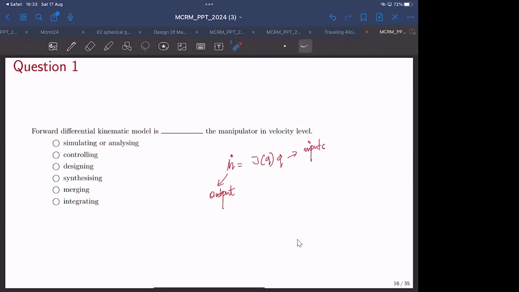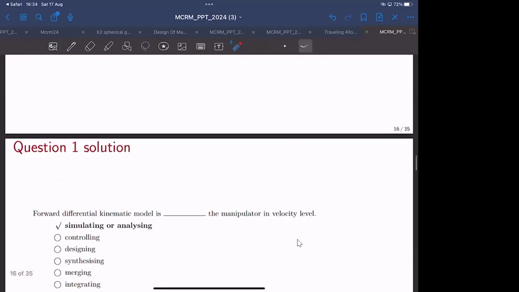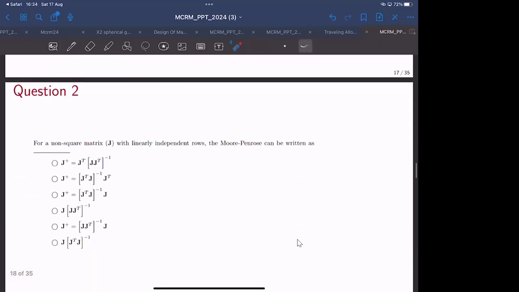So giving input to the robot's motor and observing what happens at the end effector is more or less similar to simulating the robot, right? You give some random inputs and observe what the end effector does. It's more or less like a virtual simulation. So in this case, the correct answer is simulating or analyzing the manipulator in velocity level, right? And that is indeed the answer.